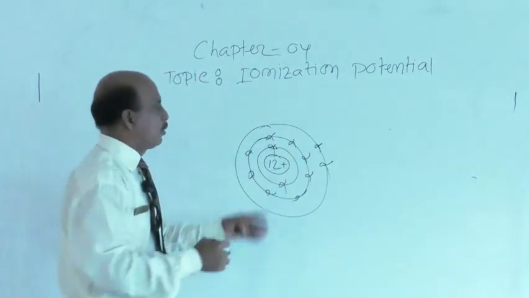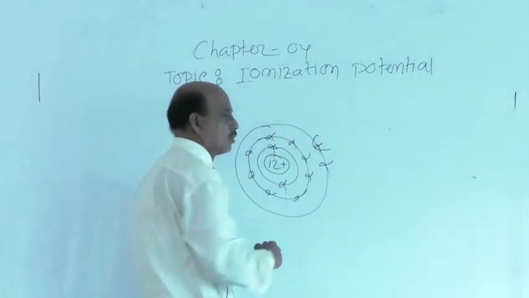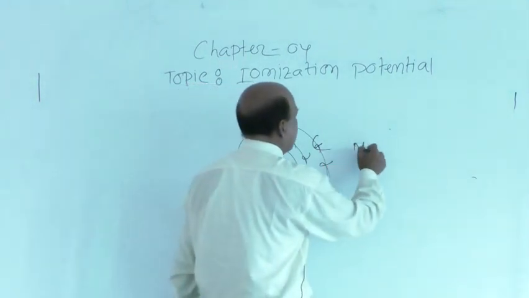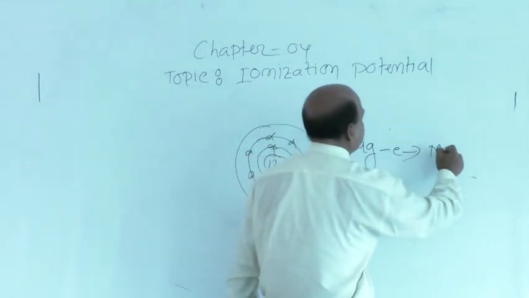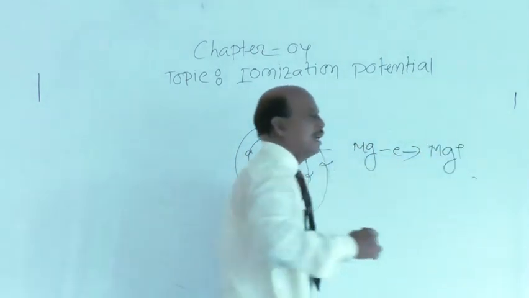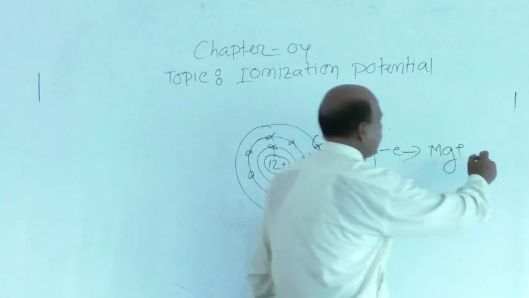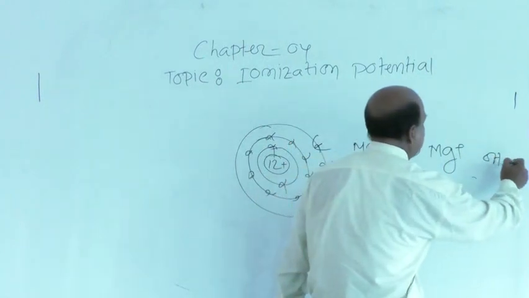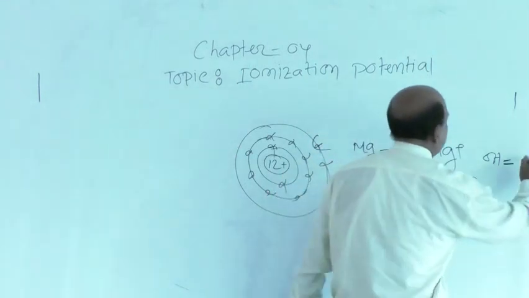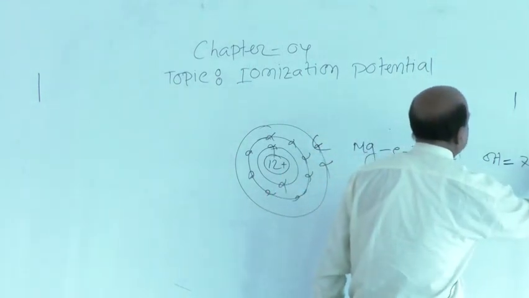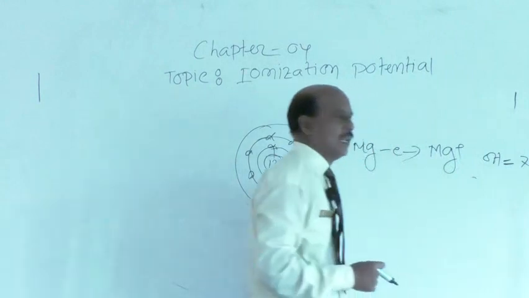For this reason, if you want to release the first electron, the magnesium releases 1 electron, it becomes magnesium plus, and the energy which is required will be, suppose, 780 kilojoule. You can consider it like this.